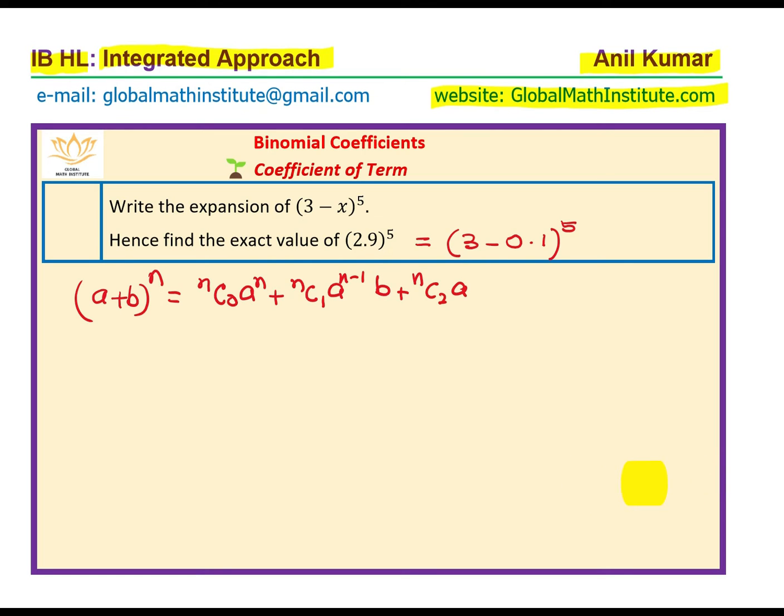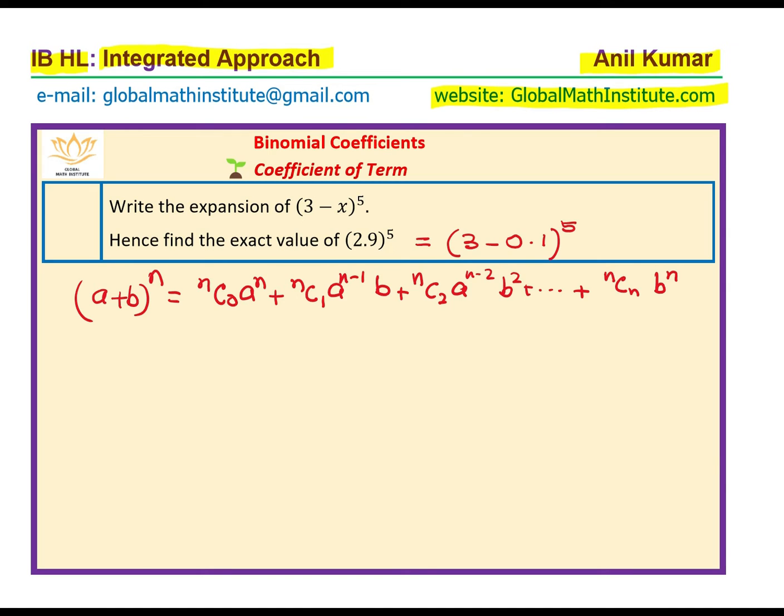Basically, the powers of a decrease from n to 0 and that of b increase in the same order, so the sum always remains the same, right? Simple as that. Like this, you just go on, and the last term will be nCn, which is 1, times b to the power of n.